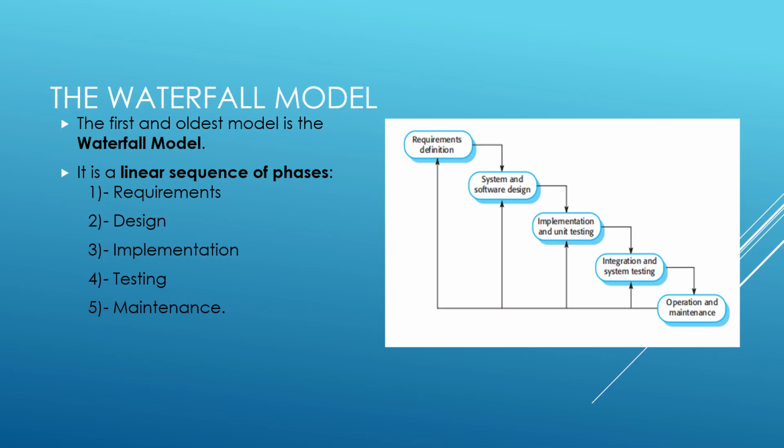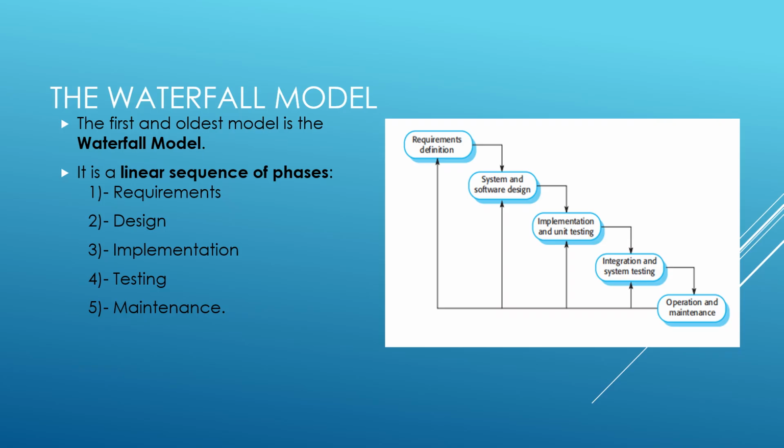The advantages are that it's simple and easy to manage, and every phase is well documented. The disadvantages are that it is very rigid. Once you move forward, it's difficult to go back, and it doesn't work well when requirements change frequently. It is more suitable for projects where requirements are stable, like defense systems or space exploration projects.